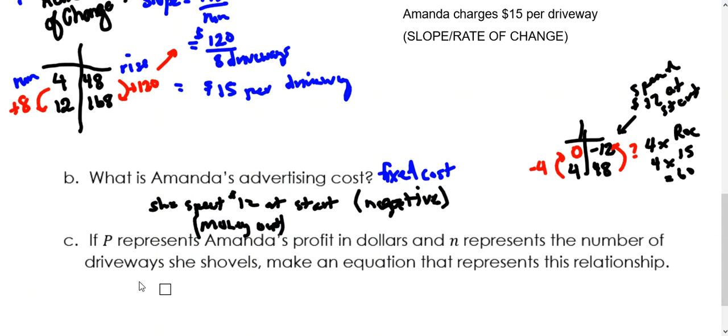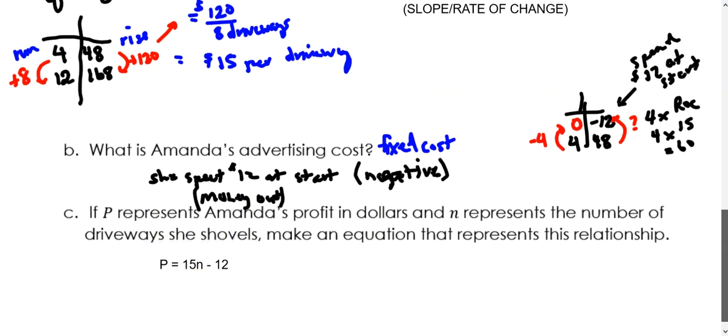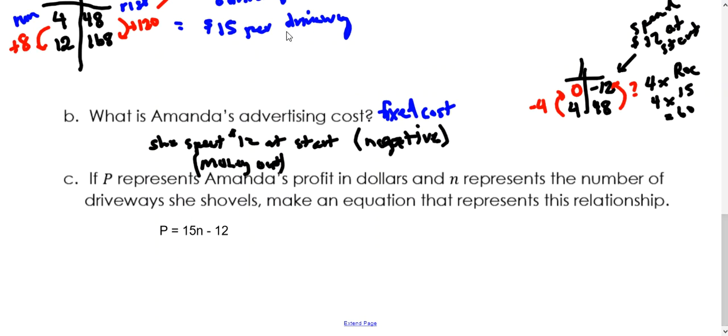All right, so if I'm looking at this, P equals 15N minus 12. All right, so if I'm looking at that, there's my rate of change.